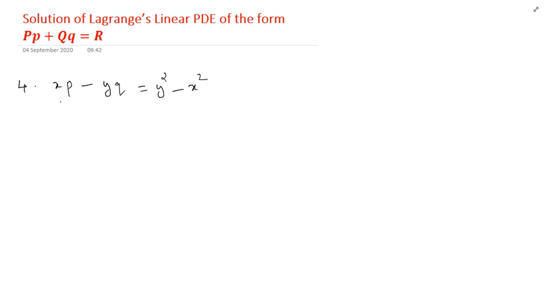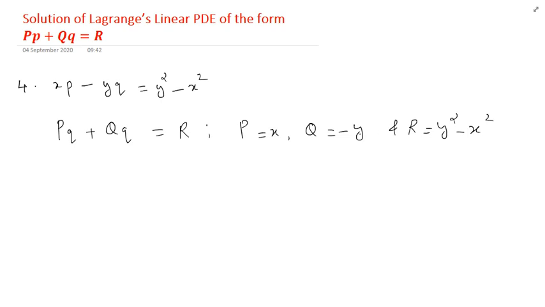So first of all, you identify this as the Lagrange equation of the form Pp plus Qq equal to R, where P is x and Q is minus y and R is given as y square minus x square. Now for solving Lagrange's equation, the first step is writing the auxiliary equation.